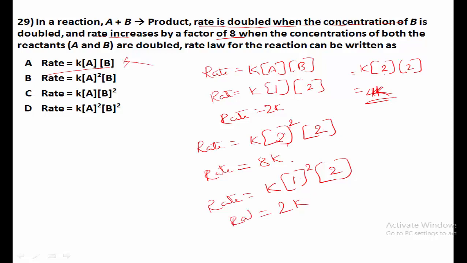So the rate is equal to 2k. This means when the concentration of B is doubled, the rate is also doubled. And when the concentrations of both A and B are doubled, the rate of the reaction increases by 8 times. So option B, this equation is right. So option B is the right answer.